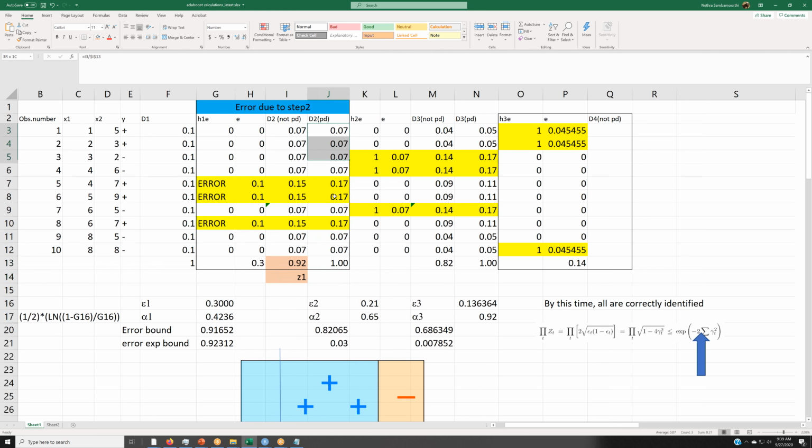Now I have come back to a probability distribution, but it is a re-weighted probability distribution that gives more weight to the error observations and less weight to the correct observations, right? Less weight for correct, or non-error, observations.